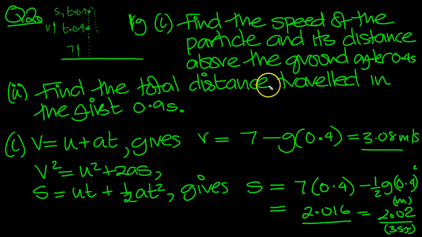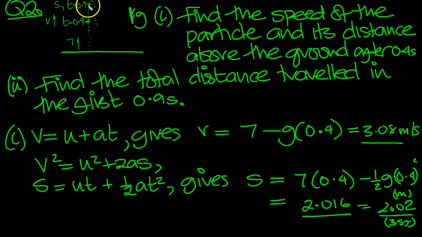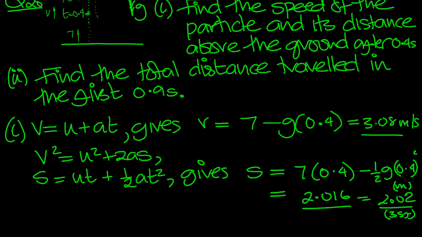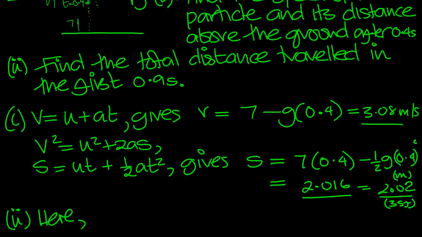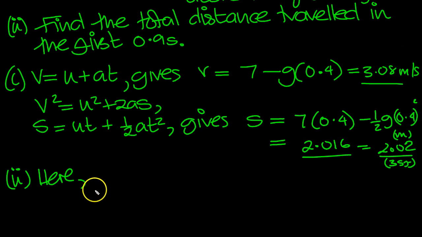Now part 2, find the total distance travelled in the first 0.9 seconds. Well, we need to find the time where it reaches the top to check whether 0.9 is going to be on this side or on that side. So let's find the highest point then. We need to find the time up to the halfway, so v equals u plus at.